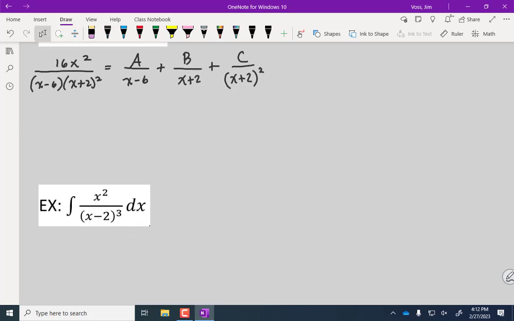Now we clear the fractions. We multiply both sides by the left denominator. So this whole denominator gets multiplied to this, this, and this. When that yellow gets multiplied by the first one, the x minus 6's cancel, and we are left with A multiplied by x plus 2 squared.